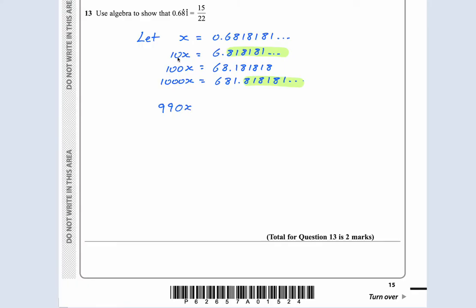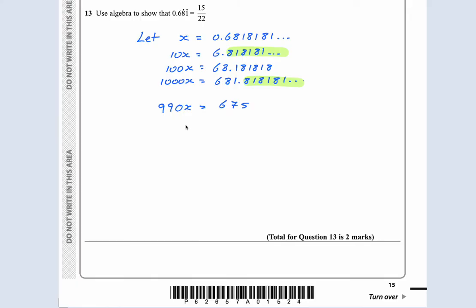I'm doing this one minus this one. And the reason is because when I subtract 681.818181, etc., minus 6.818181, the decimals will disappear, and I'll just be left with 675. 681 minus 6 is 675.